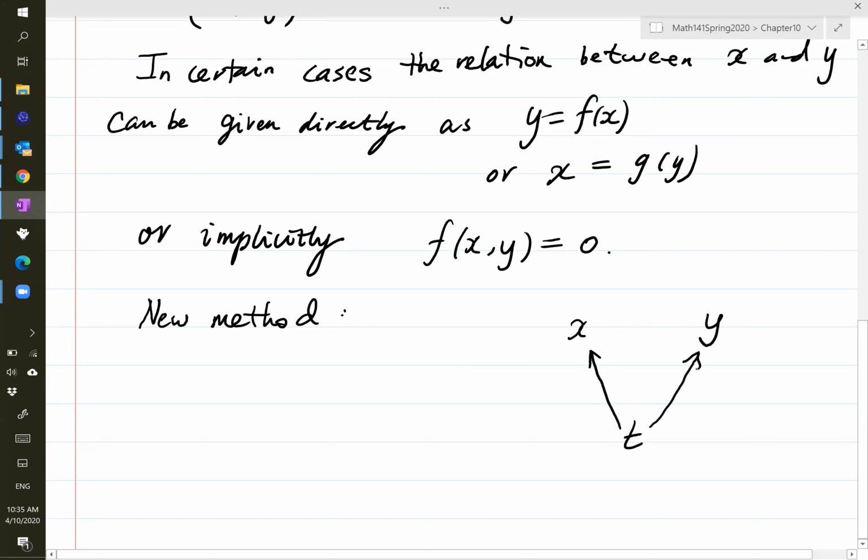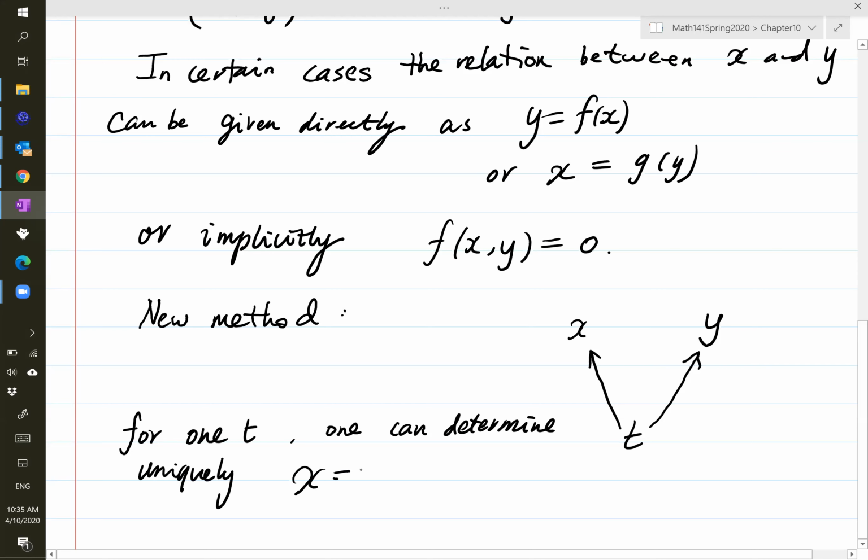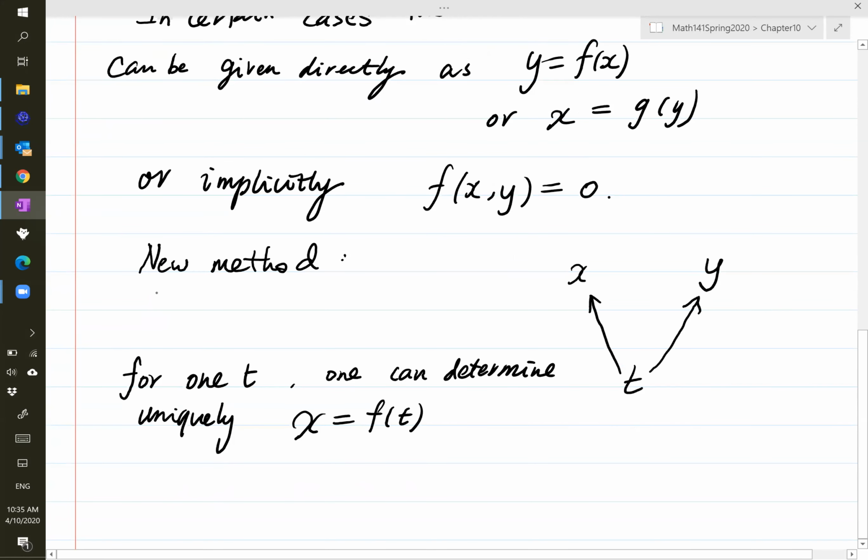If t can simultaneously determine x and y, then for one t, it determines uniquely x equals x(t) and y equals g(t).